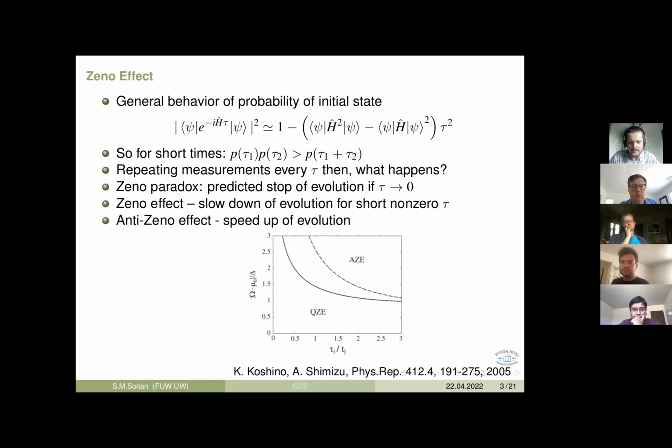Yes, this is the phase diagram taken from the monograph about the quantum Zeno effect. And it is done for a model similar to my toy model, but for projective measurements, actually.